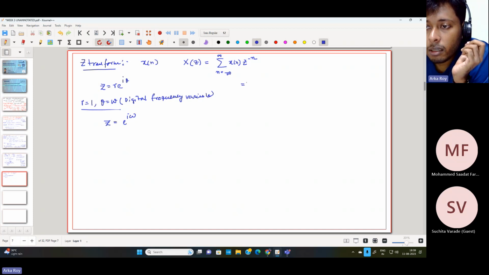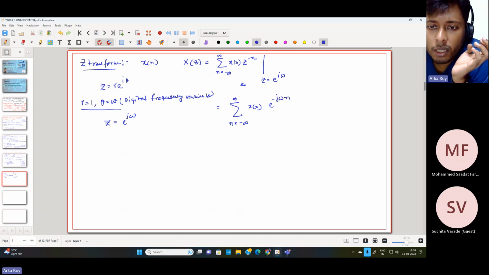So I can replace this, let us consider z equals e to the power j omega. Then it will be reduced to the summation of x(n), n varying from minus infinity to infinity, e to the power minus j omega n, j or i, whatever, these are complex terms only.